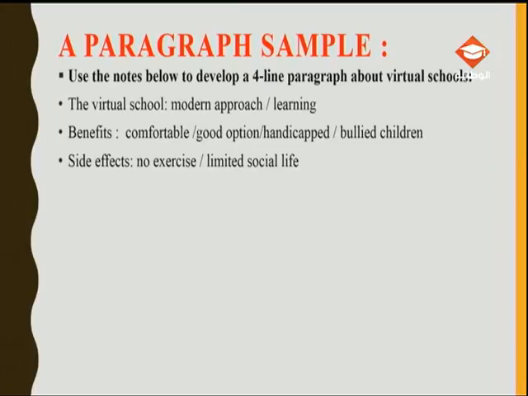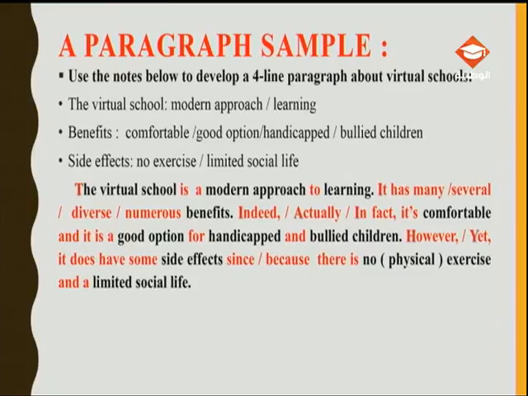Where should we add these words? It must be at the slash. So whenever there is a slash, there is something missing. Let's have a trial. The first sentence is usually like a definition, as if we were asked the question, what is the virtual school?